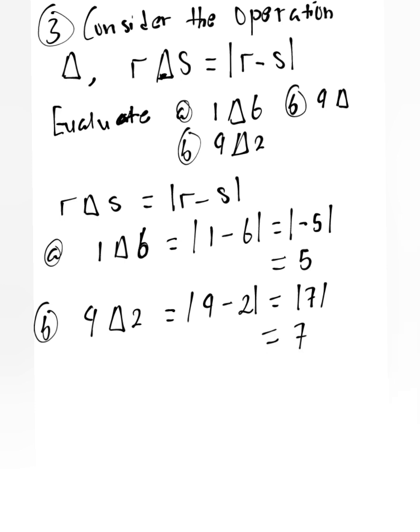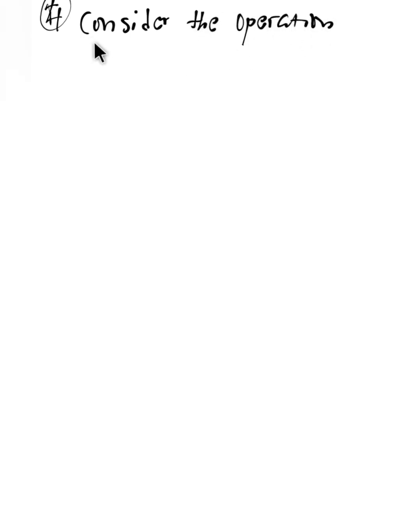Let's take another example. Example 4. Consider the operation, and the operation has a symbol that looks like equivalent, such that P operation Q is equal to P minus Q all over PQ.